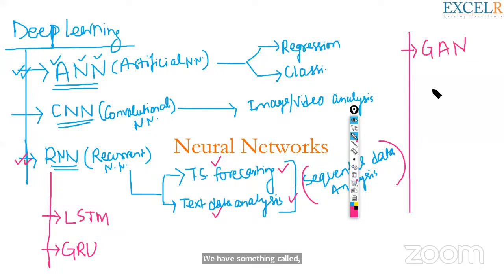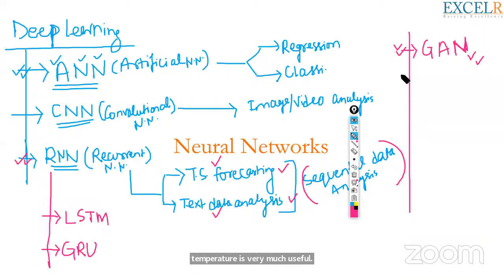Guys, if you recall the first session, the introduction to generative AI, there I explained that one of the tools under generative AI is GANs, which are very popular if you want to generate images similar to your input images. In that case, this kind of neural network architecture is very useful, right?